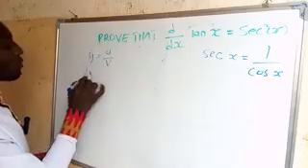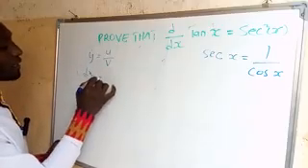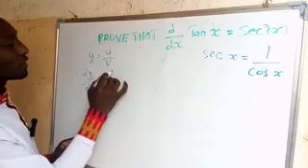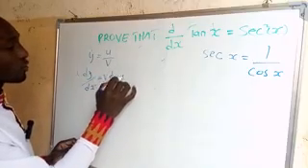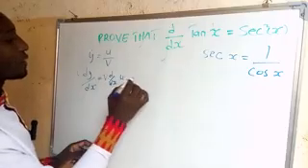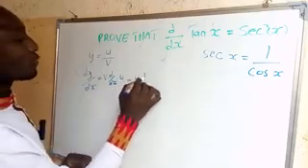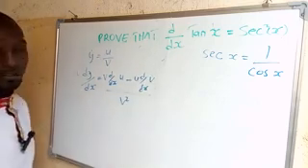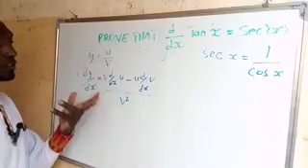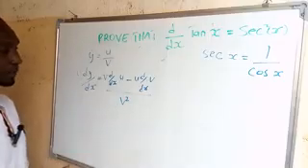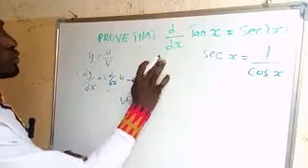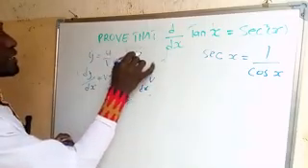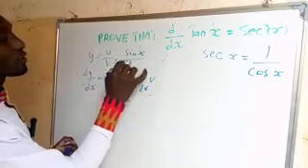Now we have dy/dx equals, we hold this constant v, then we differentiate u, minus, we hold u constant, we differentiate v, all over v squared. Remember, v is our denominator, u is our numerator. So we are going to use this to differentiate sin x over cos x.